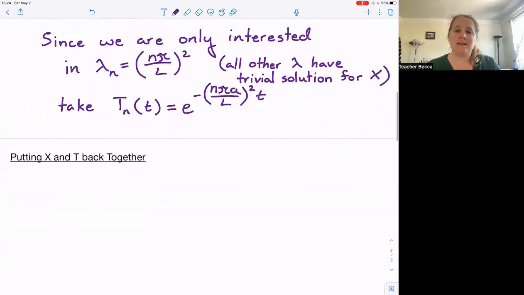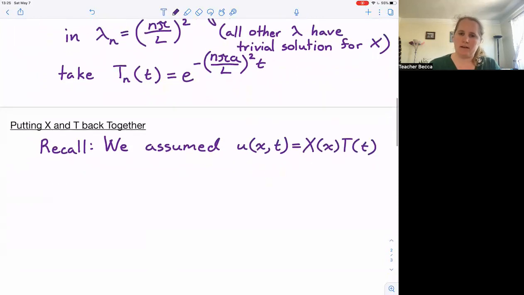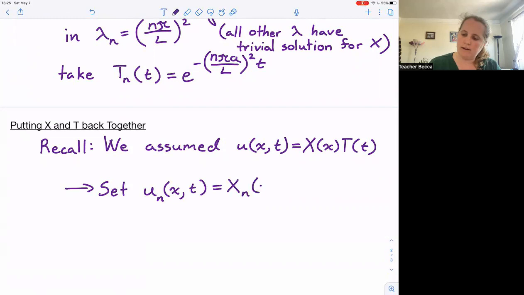So putting our X and T back together, again, recall that we assumed that u of x,t was equal to capital X of x times capital T of t. And so we'll set u sub n of x,t to be capital X sub n of x times capital T sub n of t.